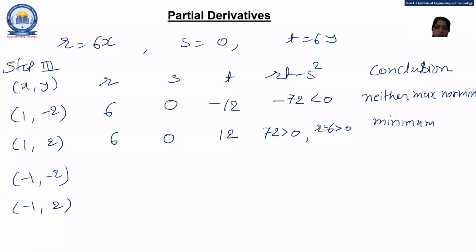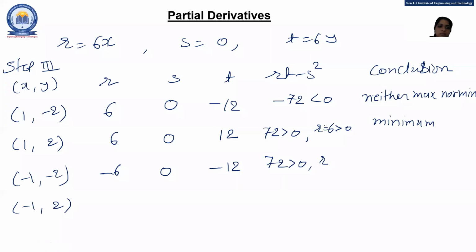Now, for the third point, here, if I keep x as minus 1, this is minus 6, this one is 0, and this 6 into y, that is minus 12, right? Now, minus minus plus, so this is 72, which is greater than 0, and at that time, I have to check my r.